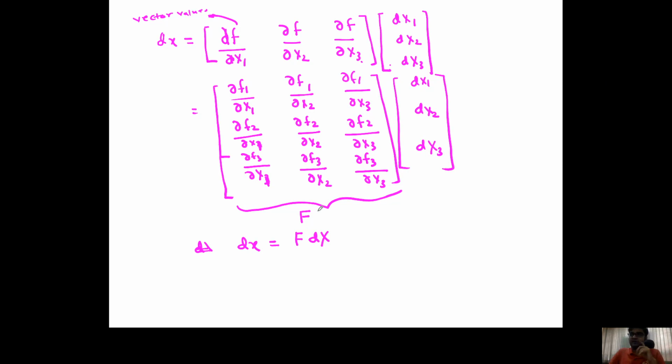I think it is deformation gradient, but I will check and let you know. In any case, we have a relation that dx is equal to F times dX. So if you know the length dX, if you multiply it by F, you can get your length small dx, which is the length in the deformed configuration, right?